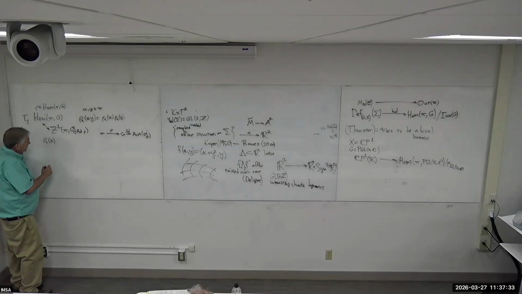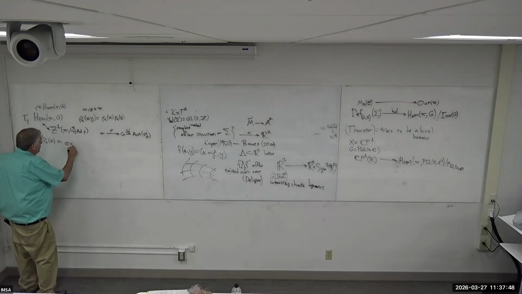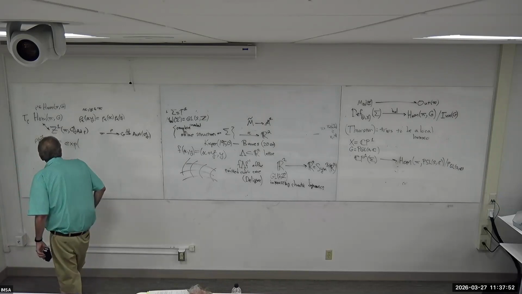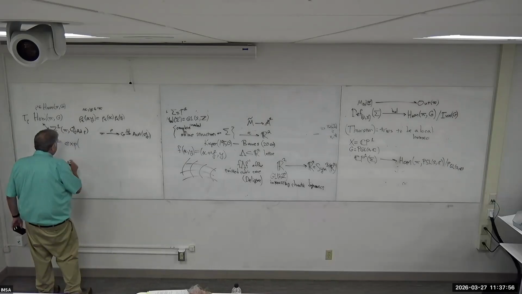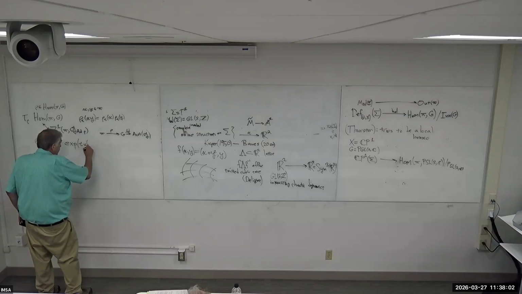So let's left multiply by rho of x inverse. That's now close to the identity, so it's in a neighborhood of the identity. It's in the image of the exponential map. I'm being pretty cavalier about all of this, forgive me.